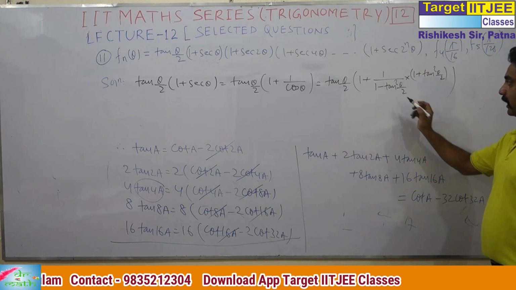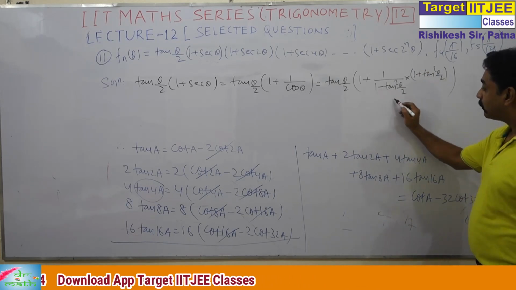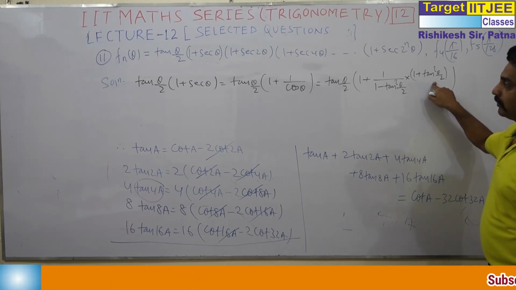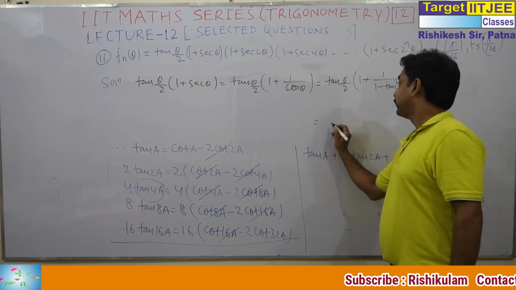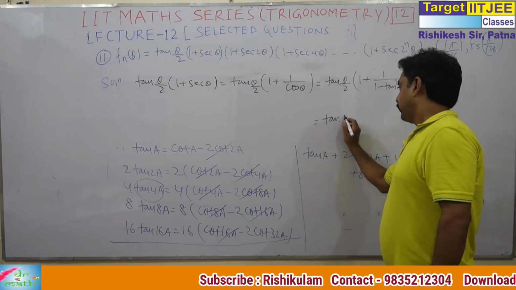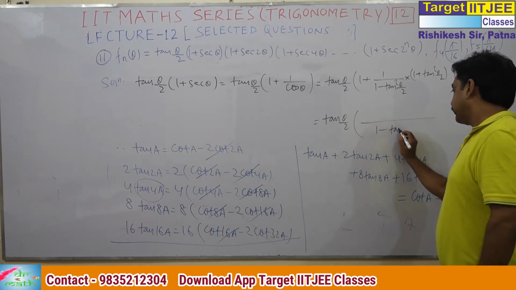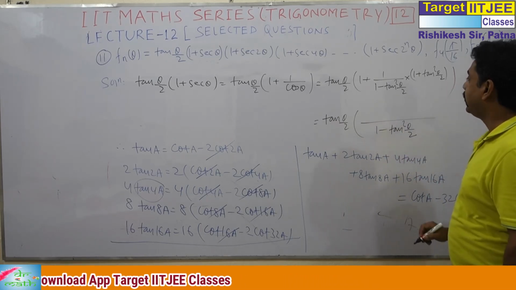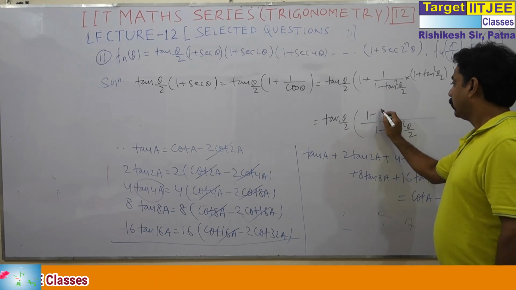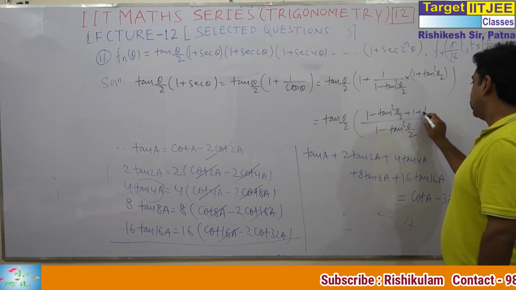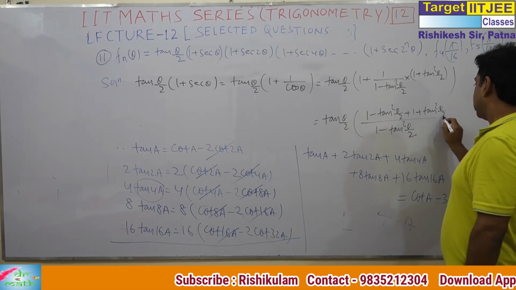Okay. Actually this is (1 minus tan square theta by 2) upon (1 plus tan square theta by 2). The denominator will transfer to the numerator, over the numerator. Now calculate it. What is this? Tan theta by 2, this I have given in the hint. Tan square theta by 2. This is 1 minus tan square theta by 2 plus 1 plus tan square theta by 2.